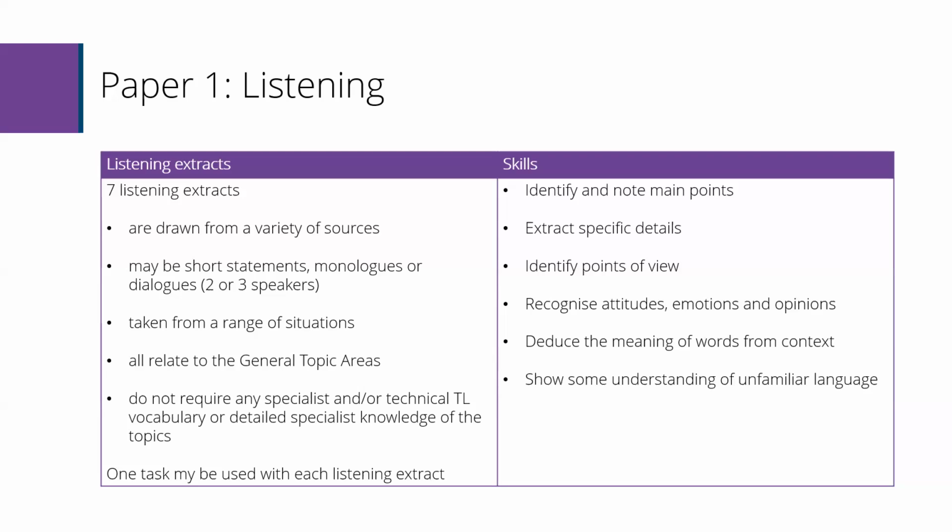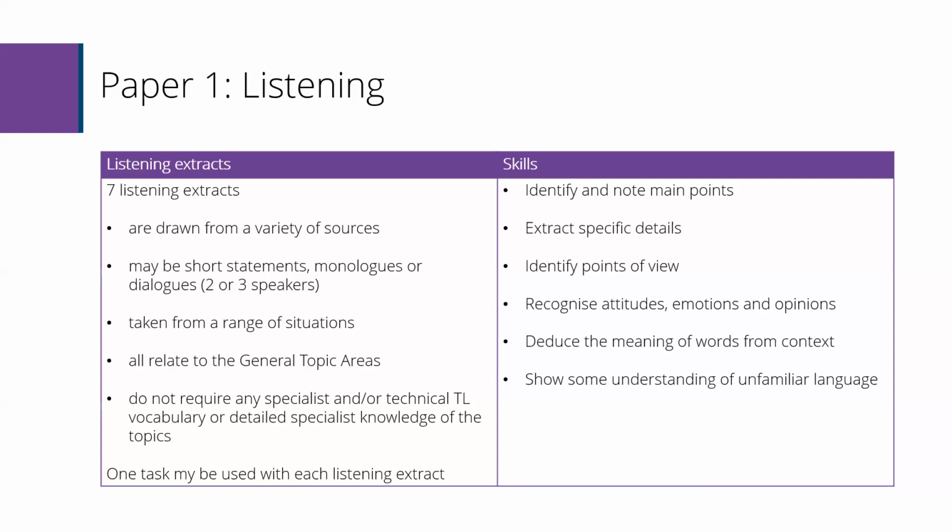Now, in terms of skills, that's the format of the exam, but there are also some skills that students need to develop in order to deal with this exam. So they need to be able to identify and note the main points, so the big picture. They need to be able to extract specific details.